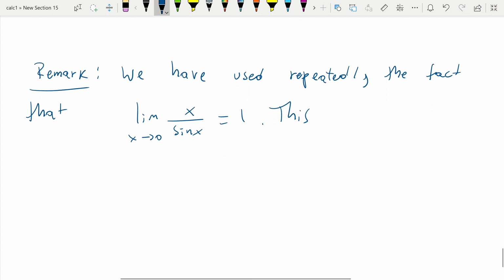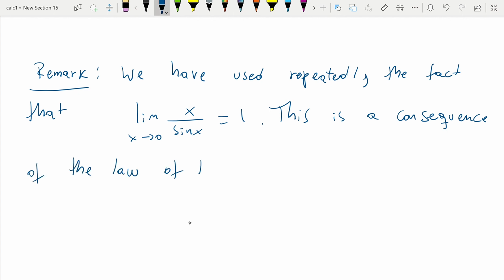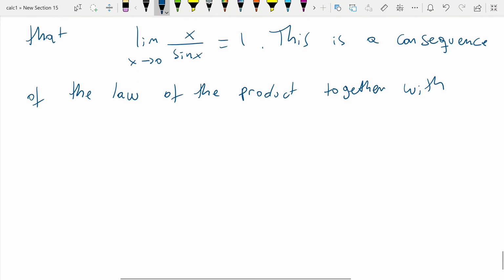And in case it wasn't clear before, this is a consequence of the law of the product, the product law, together with the fact that the limit of sine of x over x as x approaches 0 is equal to 1.